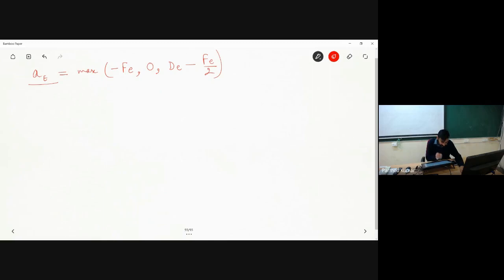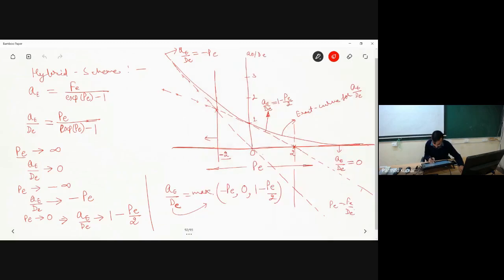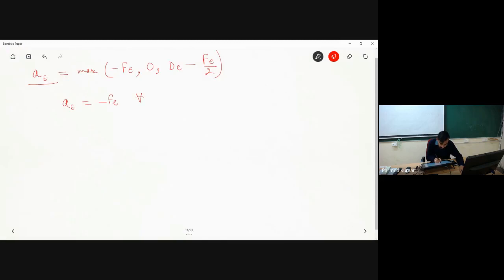And over here, one important conclusion I can say is that AE will be equal to minus FE when my Peclet number is less than minus 2, because in this region only the first line is valid. Okay, so this will be true when my Peclet number is less than minus 2.